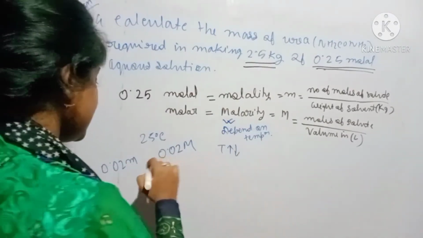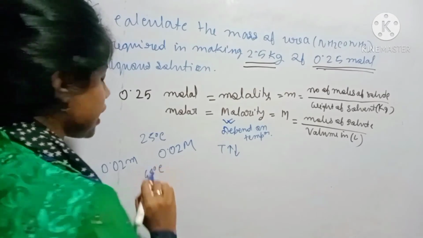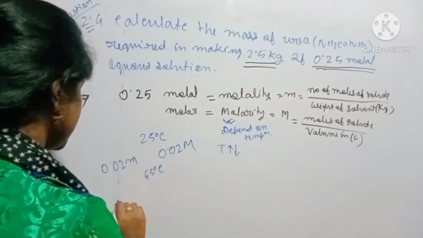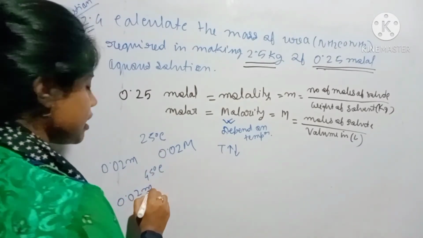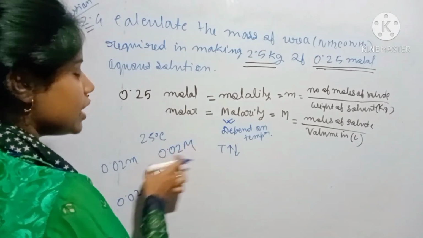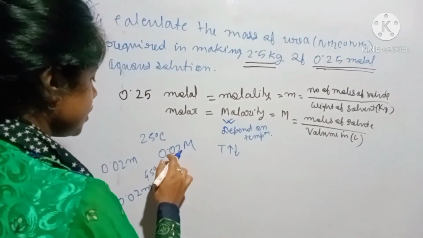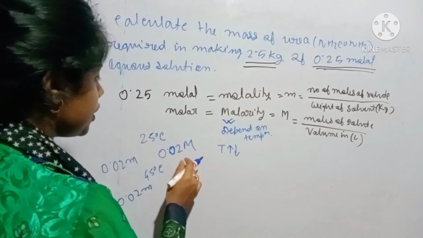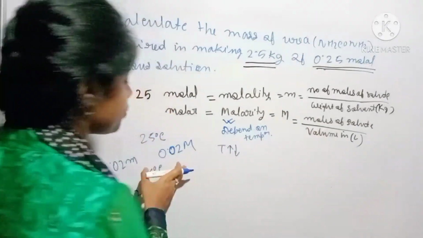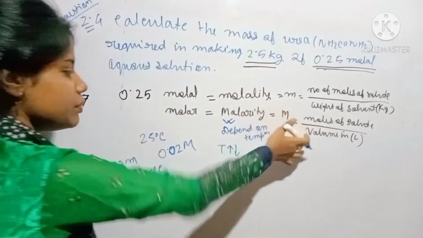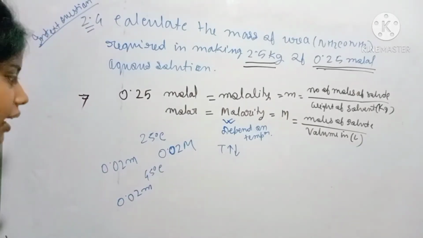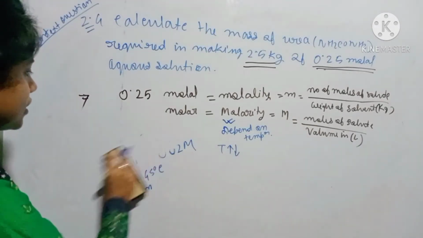The next day the temperature is 45 degrees C. The molality remains the same because it doesn't depend on temperature, but the molarity will change, because volume depends on temperature. This is just for general knowledge.